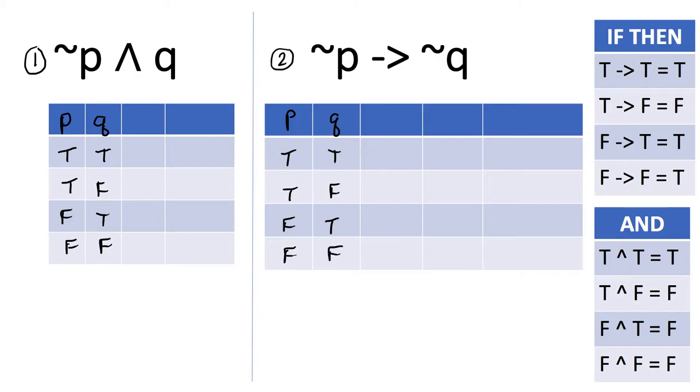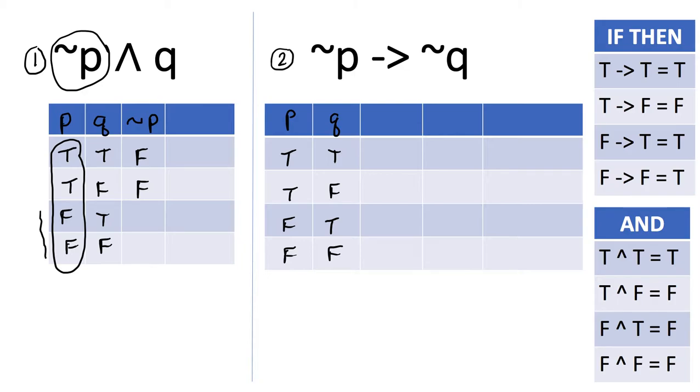So looking at our first statement, looking at the left side of the statement, I see that I need a negation of P, which I do not currently have in my table. So that's going to be the first thing that I'm going to do. Remember, the negation of P is simply found by taking the P column and looking at the opposite truth values. So instead of true and true to begin, you're going to go false and false.